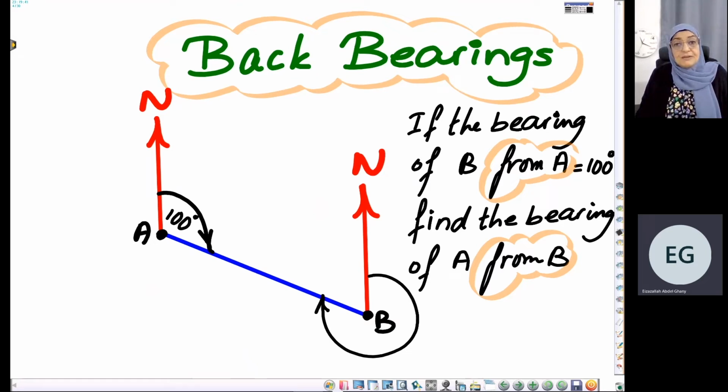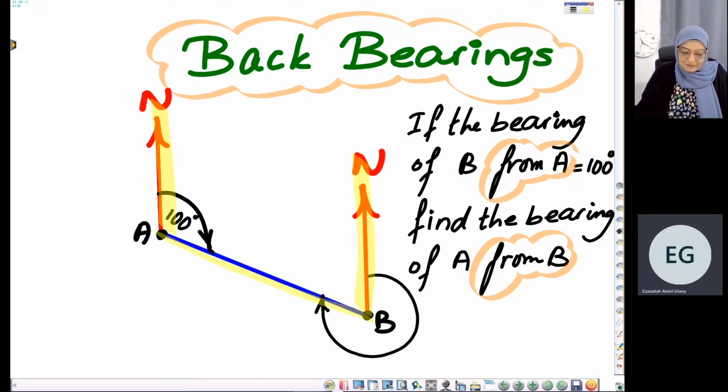How to know this reflex angle? It's easy. Two north lines are parallel. Interior angles add up to 180 degrees. I'll show you the interior angles. These two north lines are parallel.